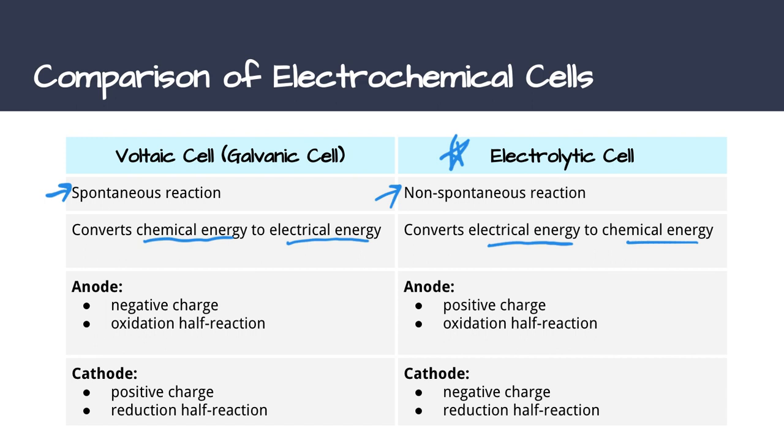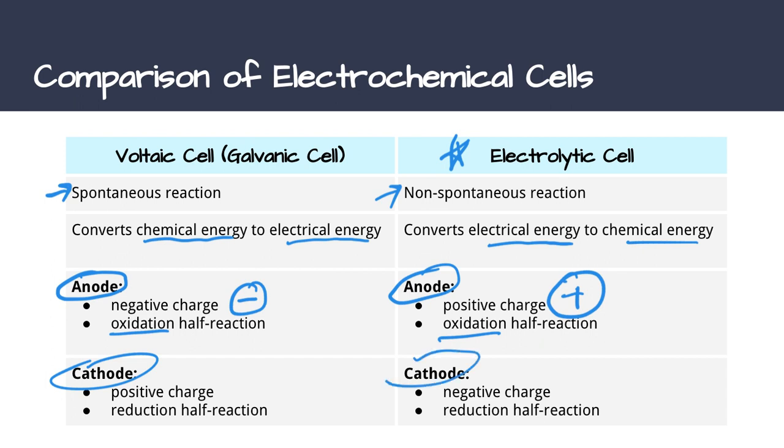In terms of the anode and the cathode, in both a voltaic cell and an electrolytic cell, oxidation happens at the anode. But the charges change. In a voltaic cell, the anode has a negative charge, and in an electrolytic cell, it has a positive charge. We will see why this is the case when we get into both types of cells separately. The cathode, on the other hand, is where reduction takes place.